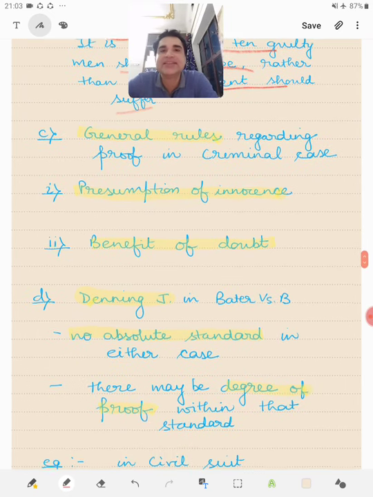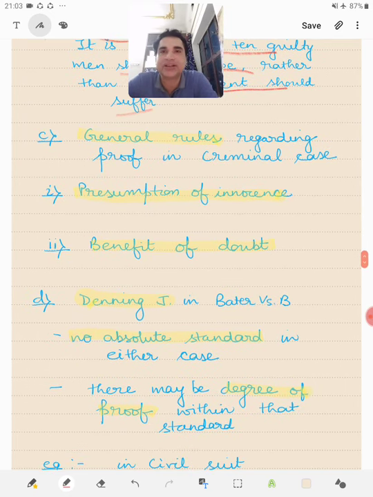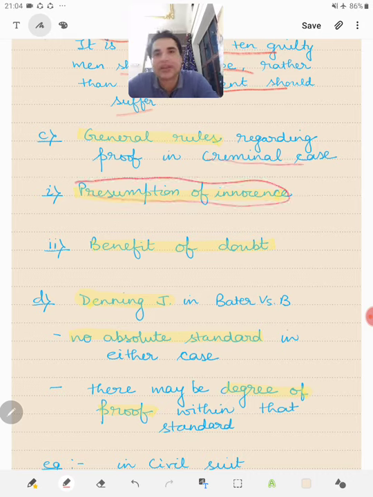Another difference between the degree of proof required in civil and criminal proceedings is that there are two main differences. They all are derived from what Justice Blackstone said, that let 10 guilty men escape, but not let one innocent man suffer.